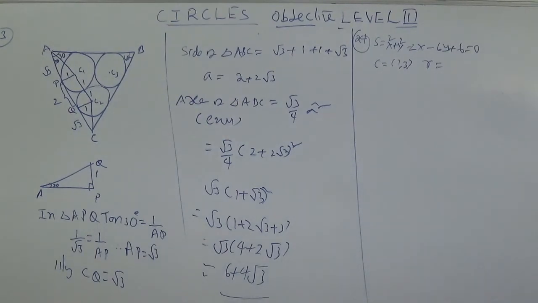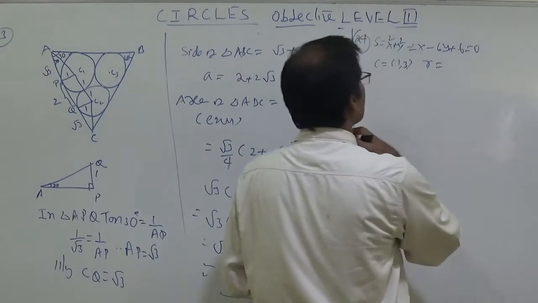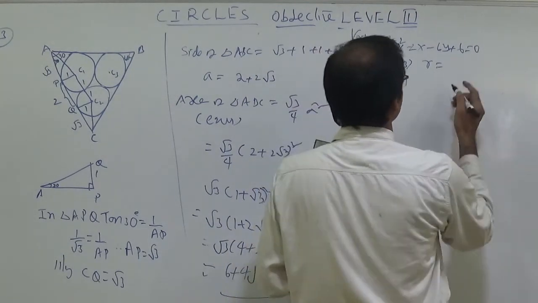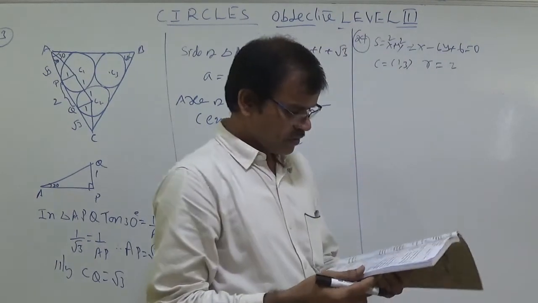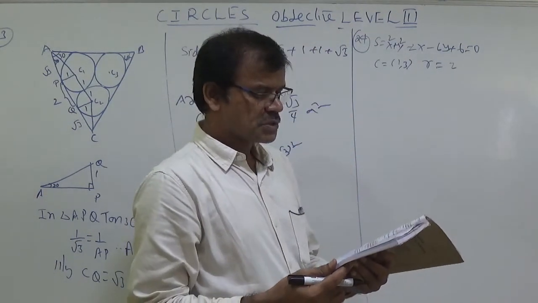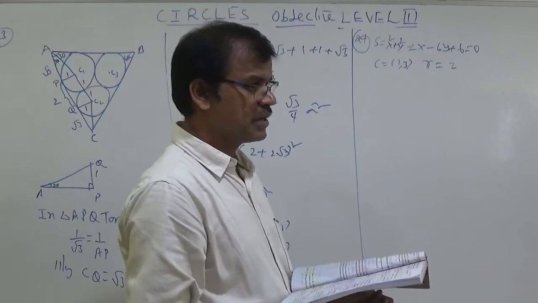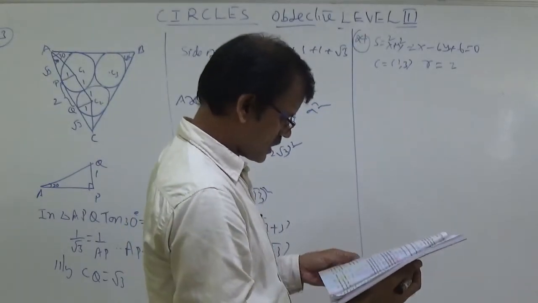So radius, according to concept, 1 plus 9 minus 6, 10 minus 6, 4, so radius 2 we can write. x square plus y square minus 2x minus 6y plus 6 equal to 0 is the circle.